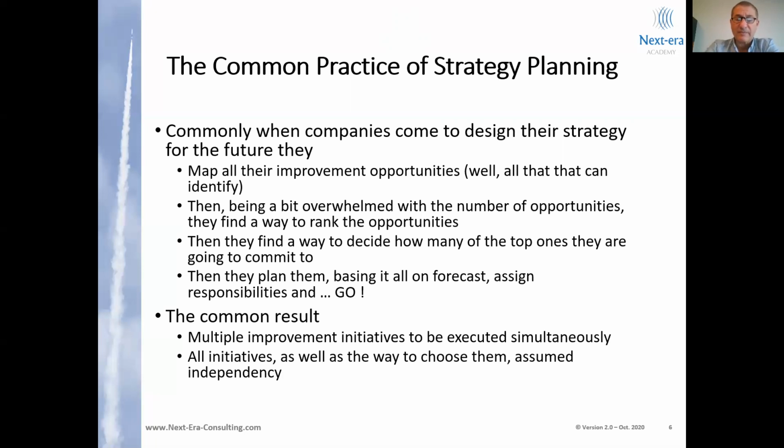All initiatives are taken in a way that assumes they can be executed independently, that all the improvement opportunities identified initially can be handled one at a time or some at a time, but separately one from the other, that they are not having any connectivity between them, and that the results accumulated in each one of the initiatives will accumulate to the result of the strategy as a whole.